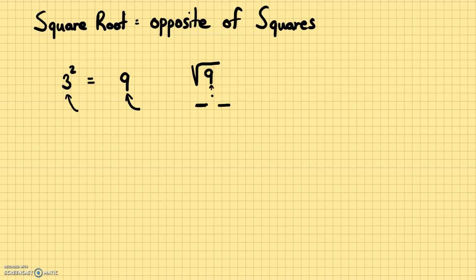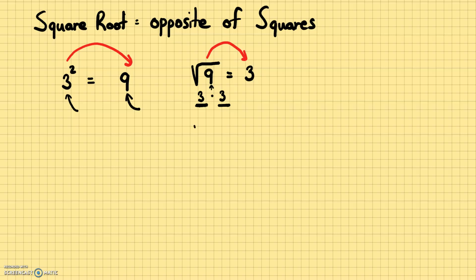And from here you can see that 9 equals 3 times 3. So 3 multiplied with itself gives you 9. So the square root of 9 is going to be 3. Okay, so we've gone this way with the squares from 3 to 9, and we go the other way from 9 to 3 with the square root.